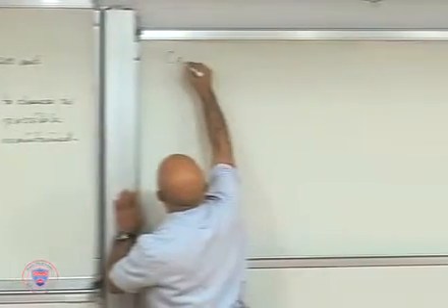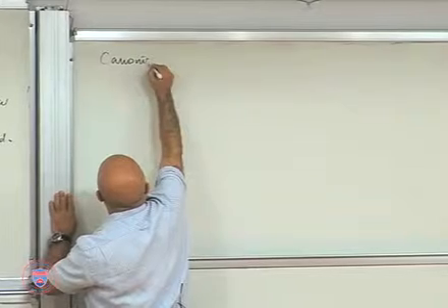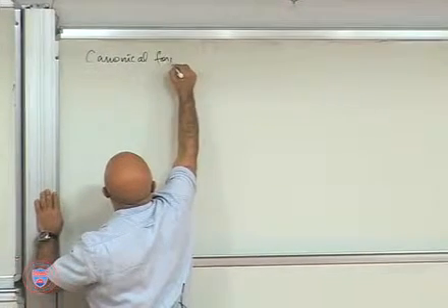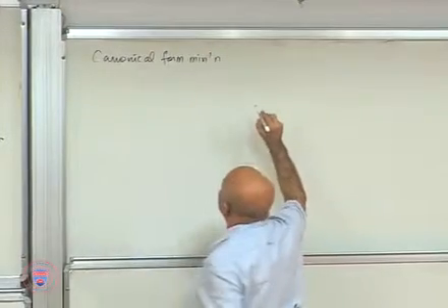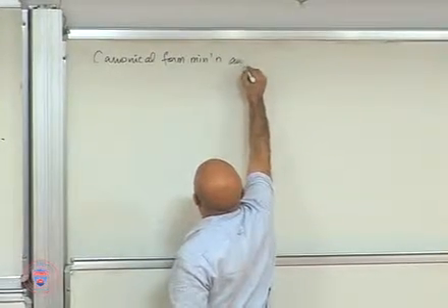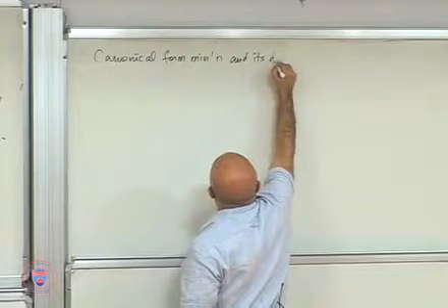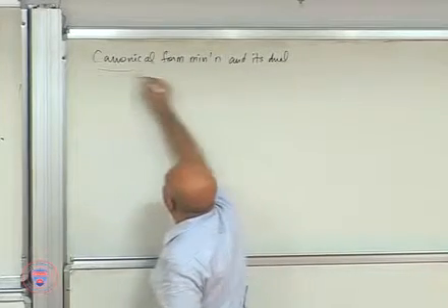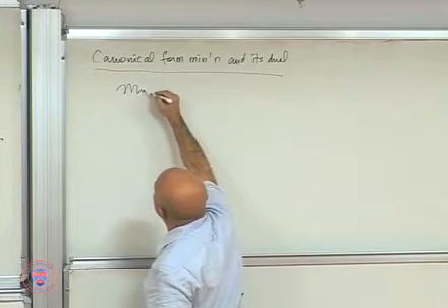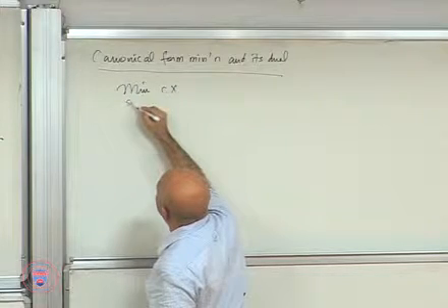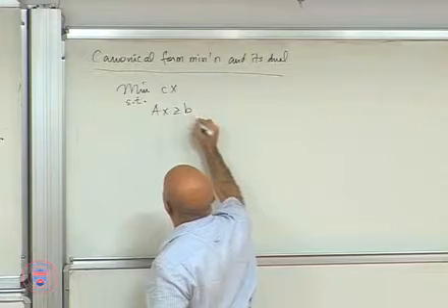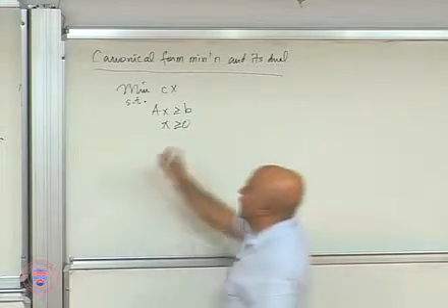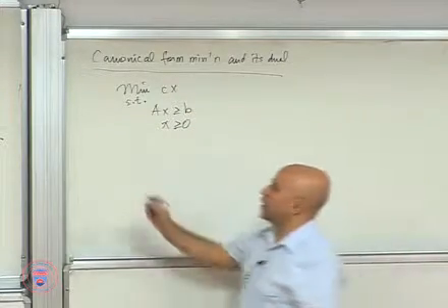Let's look at the canonical form now. Let's look at the canonical form minimization problem and its dual. In the canonical form minimization problem, you're minimizing Cx subject to Ax greater than or equal to B, x non-negative. That's your primal problem.